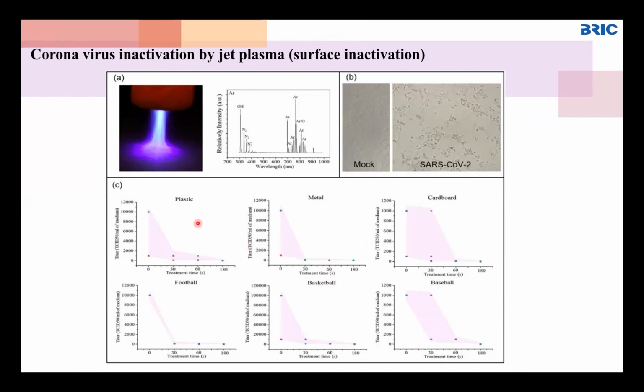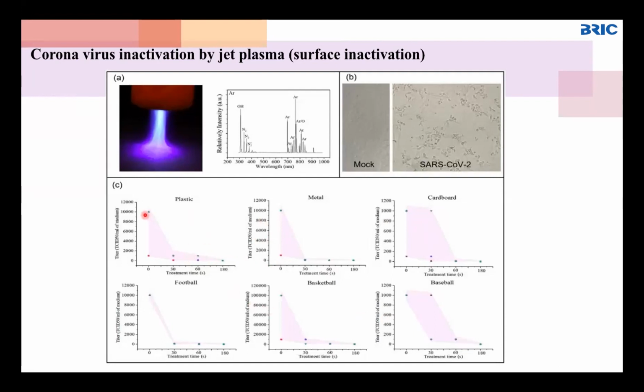These surfaces were infected by the coronavirus, SARS-CoV-2. After that, the viruses present on these surfaces were treated by this kind of jet plasma.